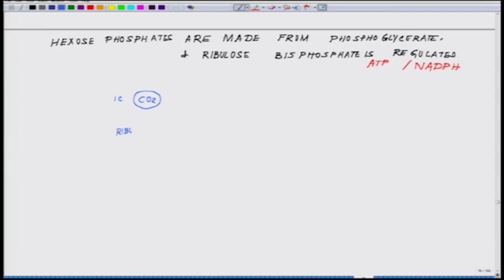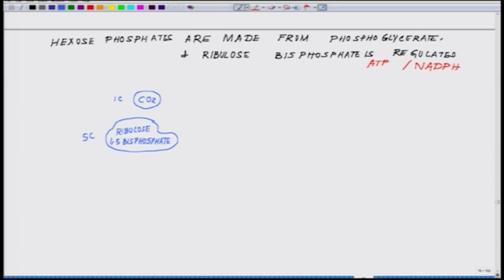ribulose 1,5-bisphosphate, which is 5 carbon.